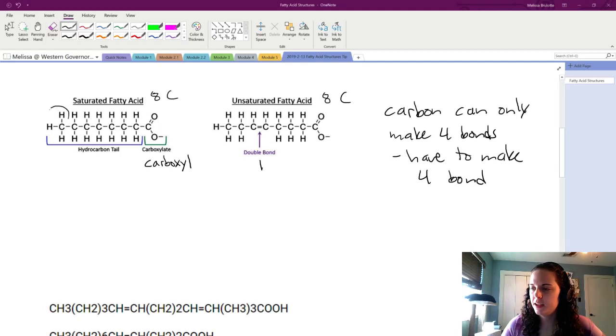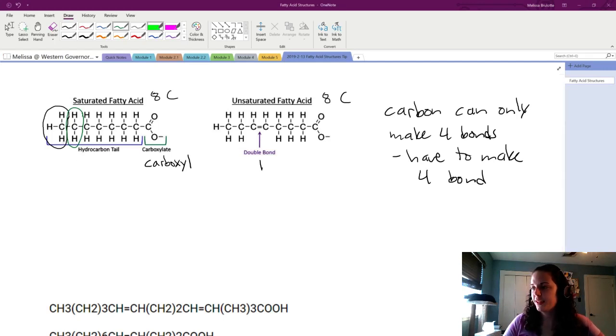What you can see here at the end of the saturated fatty acid is we have a carbon connected to another carbon. That's making 1 bond. And then to fill in the other bonds, we have hydrogens added. Then in this next group, our carbon is attached to 2 other carbons, and so we only need 2 hydrogens to fill in the gap.